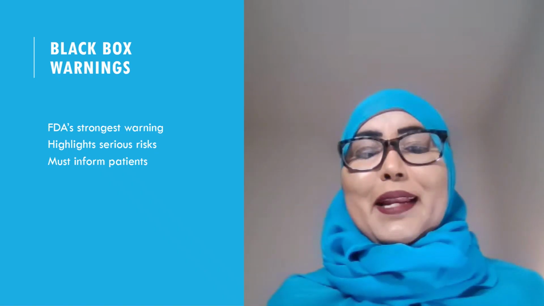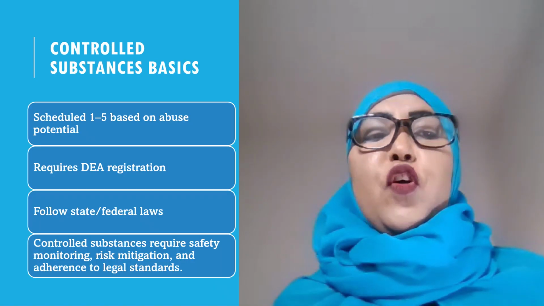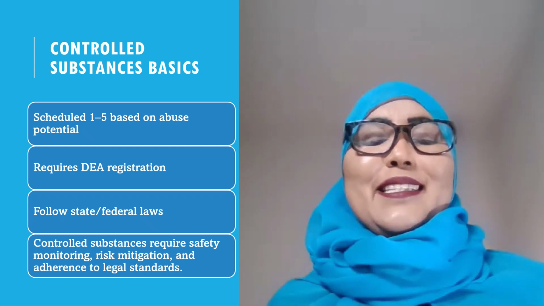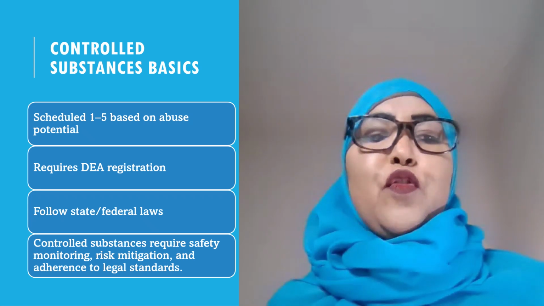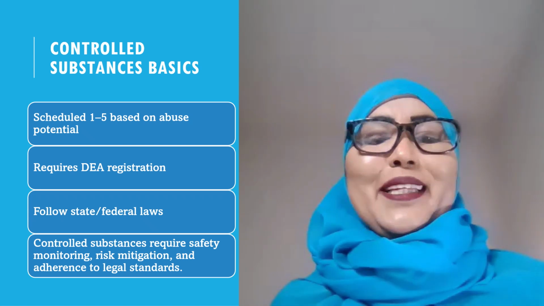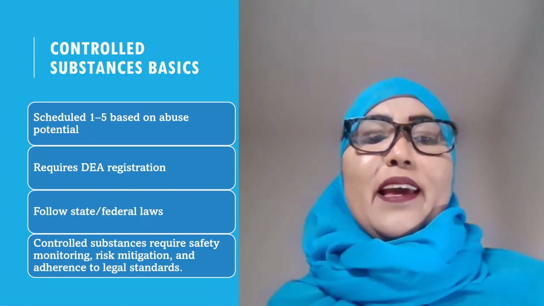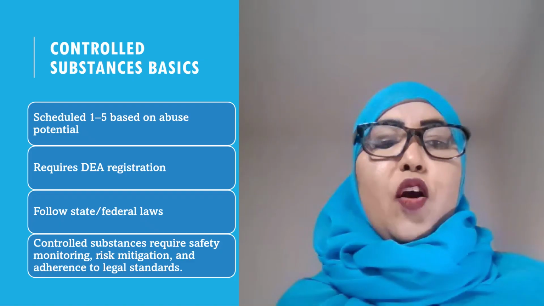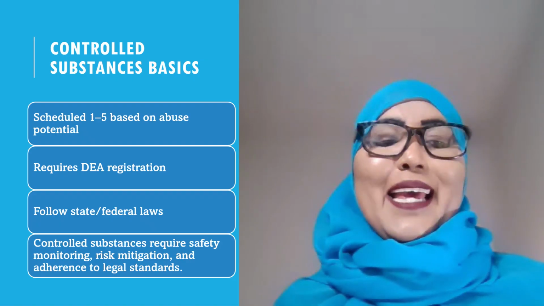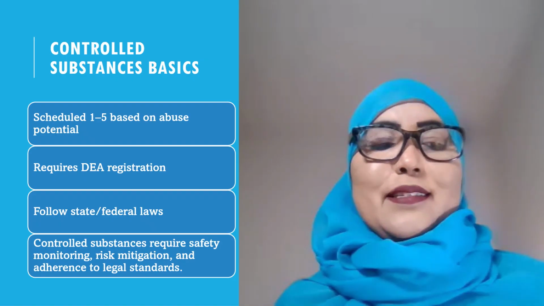Black box warnings. FDA strongest warning highlights the serious risk and you must inform the patients before prescribing the medication or the treatment. For controlled substance basics, Schedule 1 to 5 based on abuse potential. Medications require a DEA registration number and follow state and federal laws.